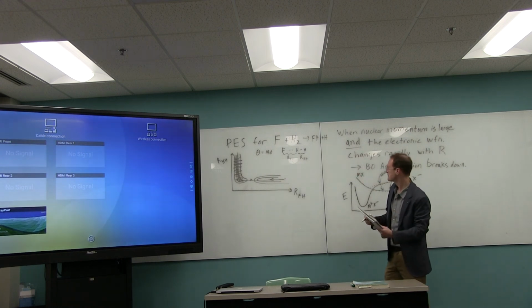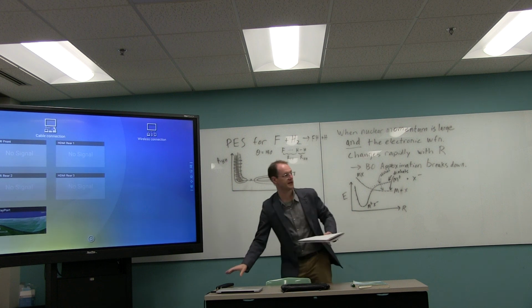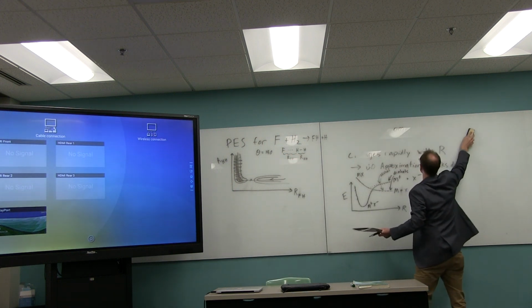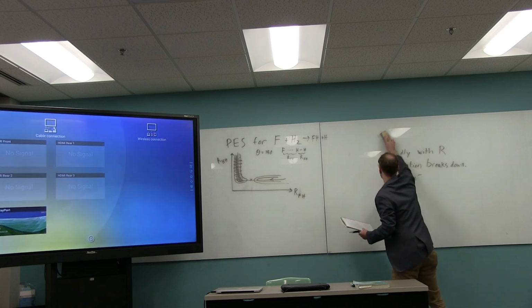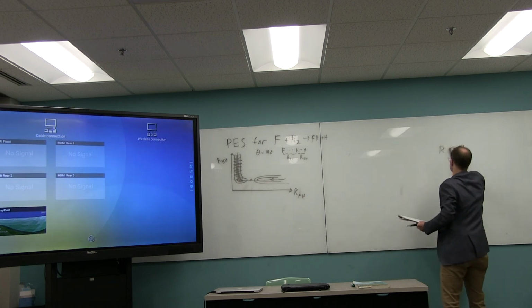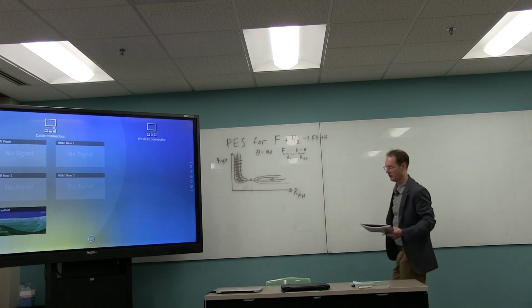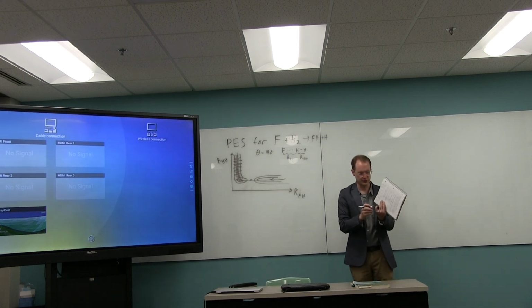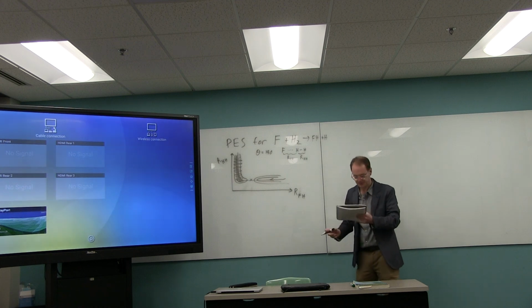Okay? So just really quickly, I'll use the last few minutes to talk a little bit about classical trajectories. And then next time we'll talk about semi-classical trajectories, and we'll talk about energy exchange mechanisms.